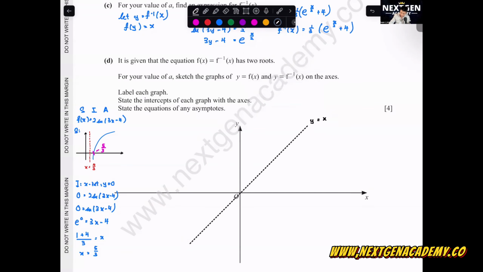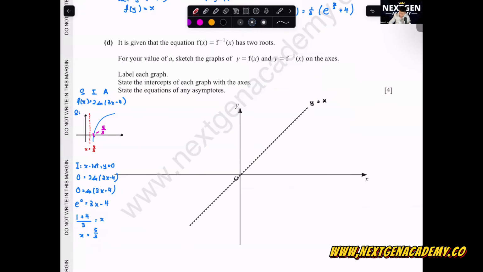Let's draw the asymptote. The asymptote is at 4 over 3, and you roughly estimate it over here. Then the other intercept, the x-intercept is at 5 over 3.